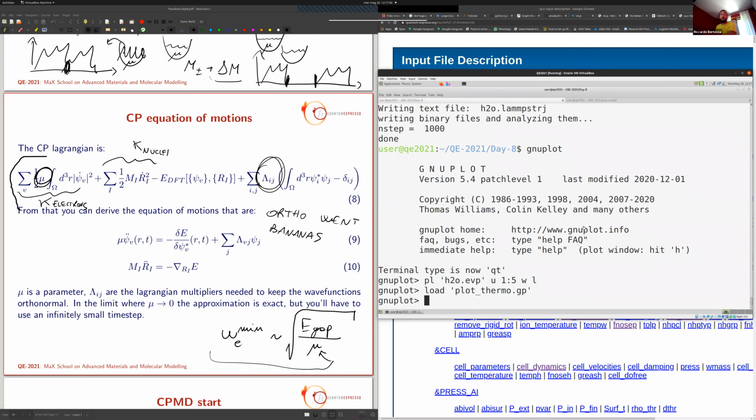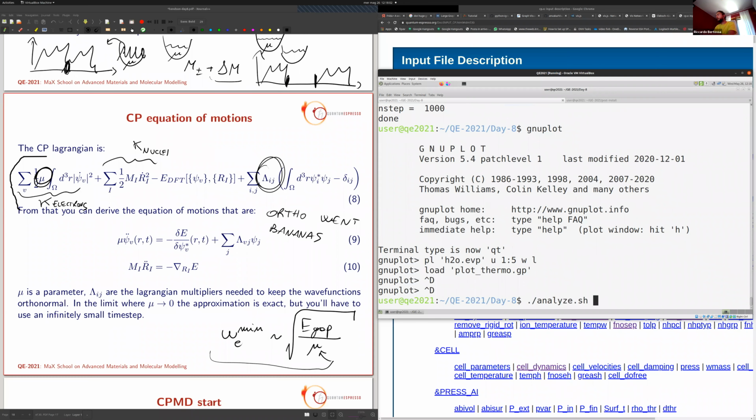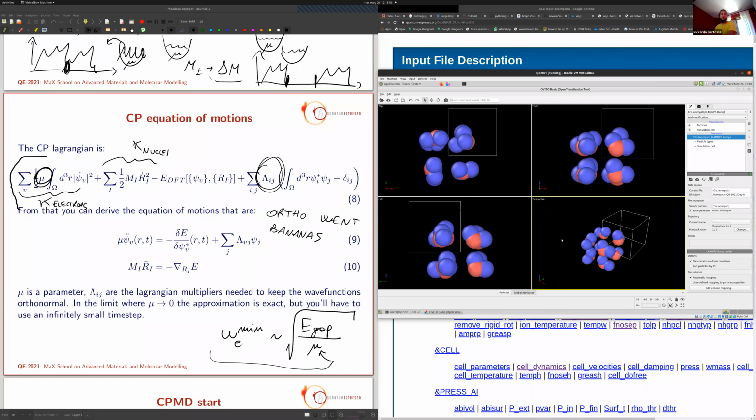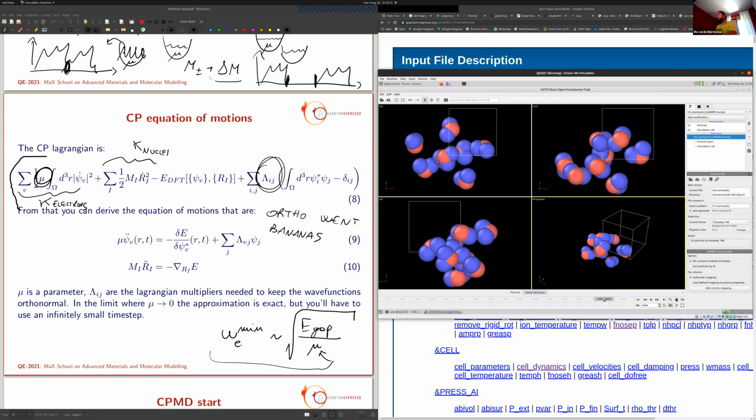If you want, you can have a look at the trajectory. Let's have a look at the trajectory. So after executing the analysis thing, you can have a bigger, longer trajectory.